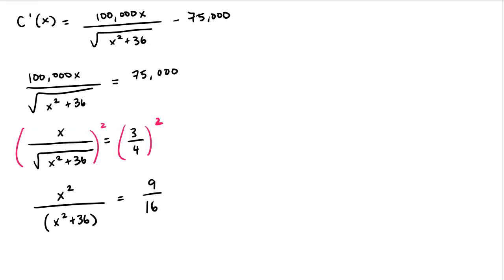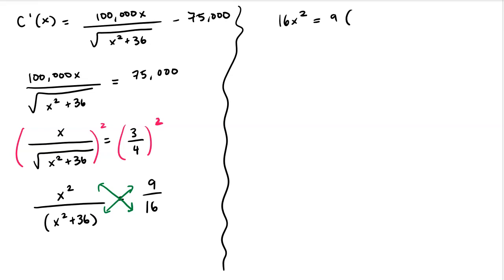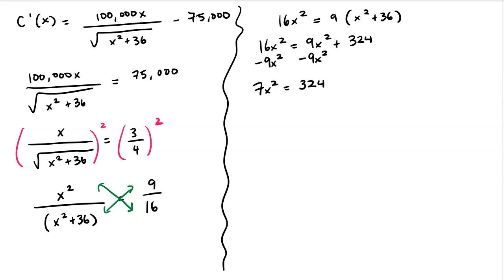And then from here, we can cross multiply. And we get 16x squared is equal to 9 times x squared plus 36. If I distribute the 9 in, 9 times 36 is 324. I can subtract 9x squared from both sides, and we get 7x squared is equal to 324.